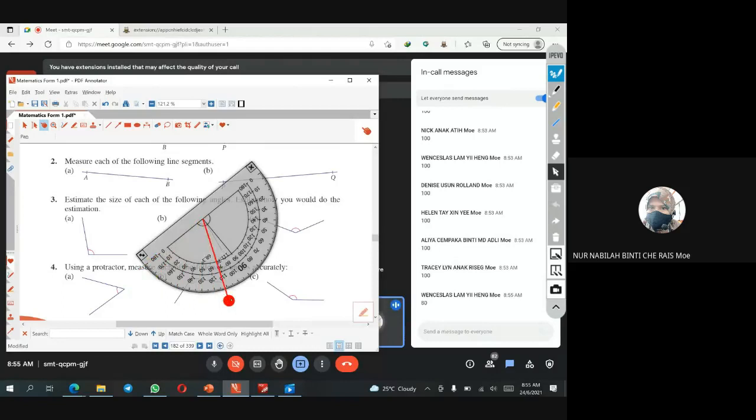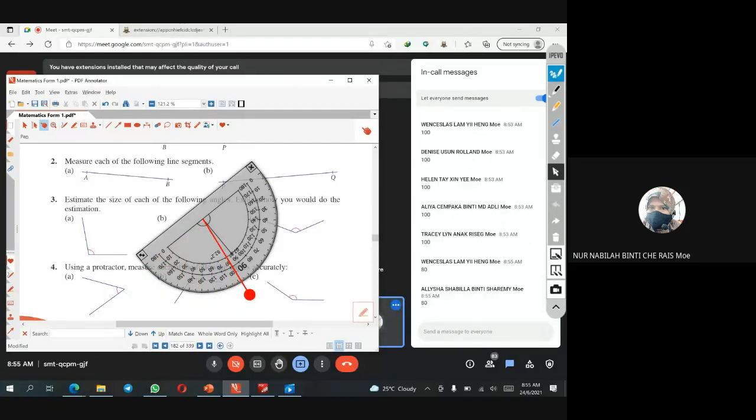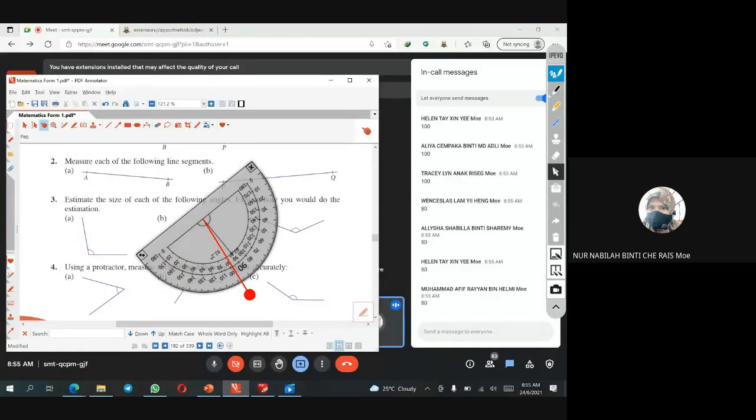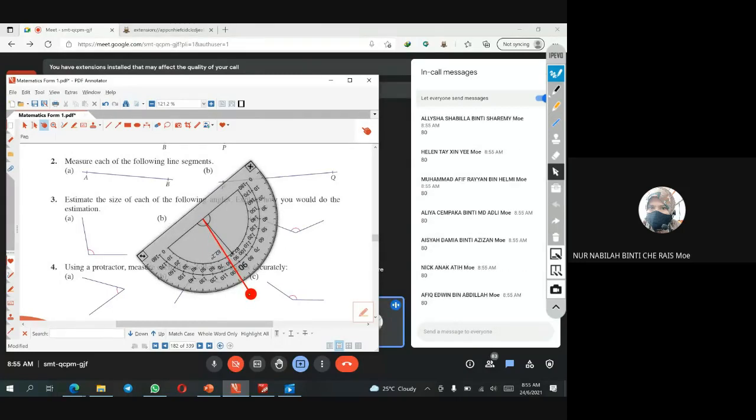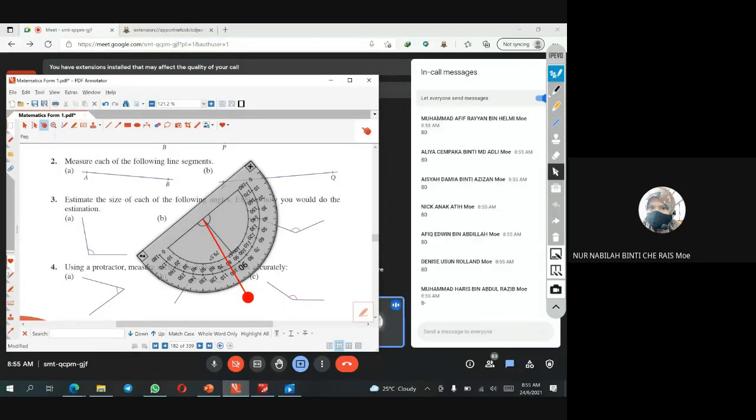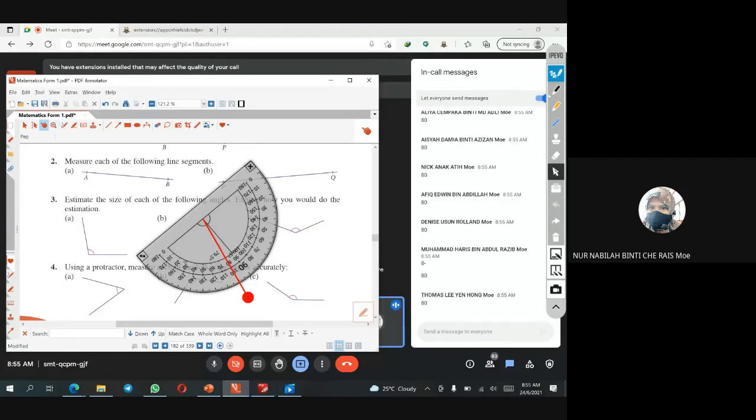The next line is here. Okay, so this is your angle. Is it 80 or 100? For this case also 80, because we take it from the inside 0 to 80.